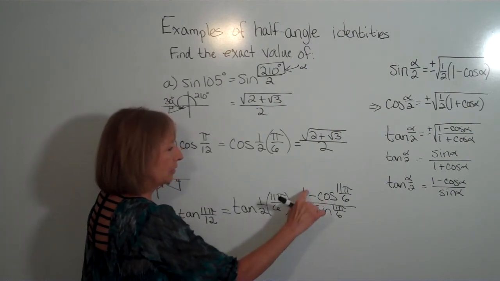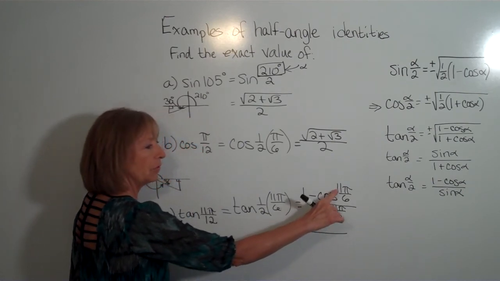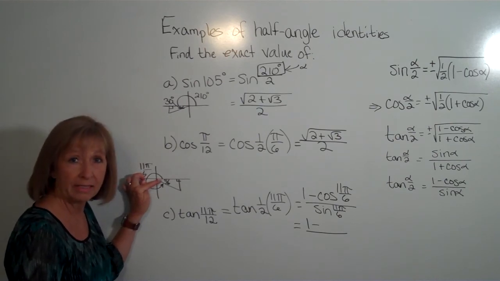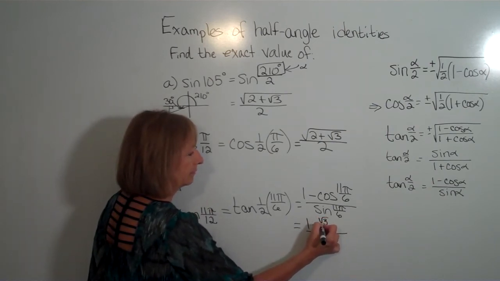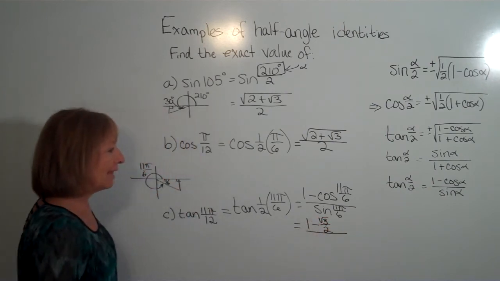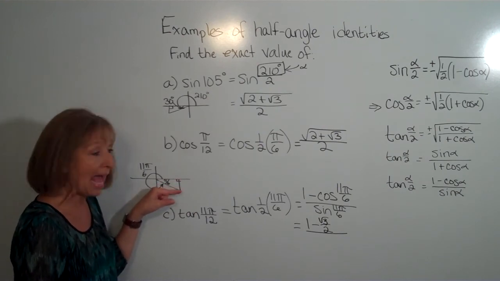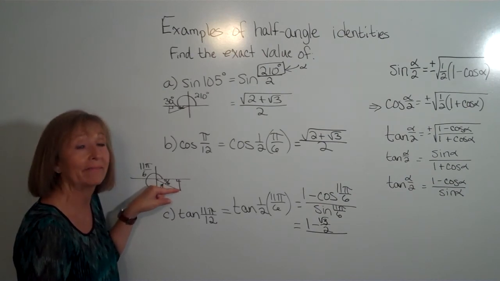When I look at making these replacements then, it's 1 minus, well, the cosine of 11 pi over 6 is going to be the cosine of pi over 6, which is the square root of 3 over 2, and it's positive the square root of 3 over 2. And then the sine of 11 pi over 6, well, the sine of pi over 6 is a half, but 11 pi over 6 is a 4th quadrant angle, so my sine of 11 pi over 6 should be negative a half.